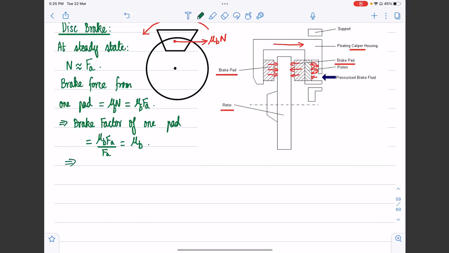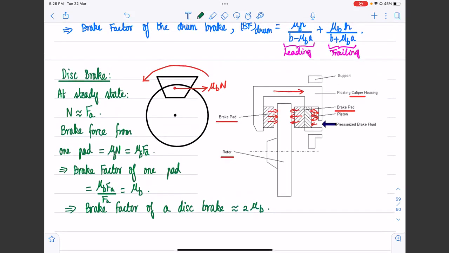So this implies that the brake factor of a disc brake, assuming that it has two brake pads, one on each side, is going to be approximately 2 mu_B. Okay, so 2 times mu_B. All right.